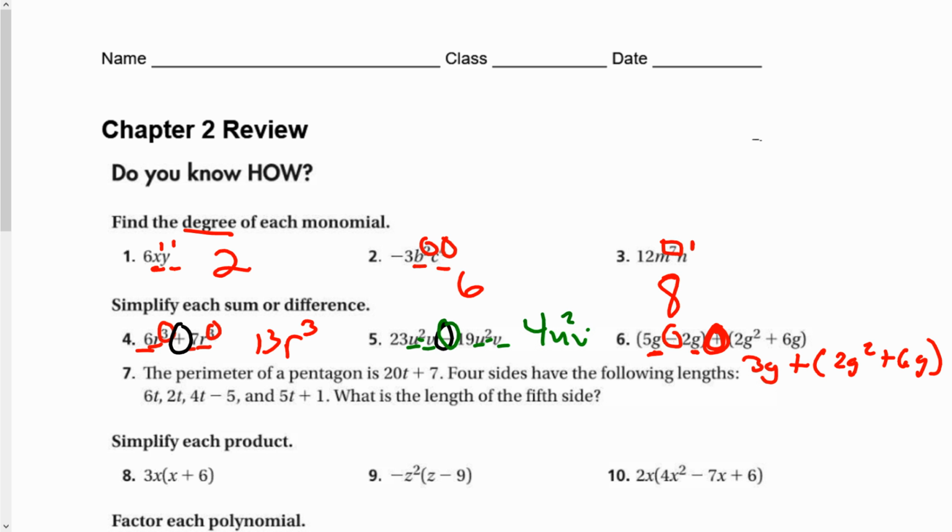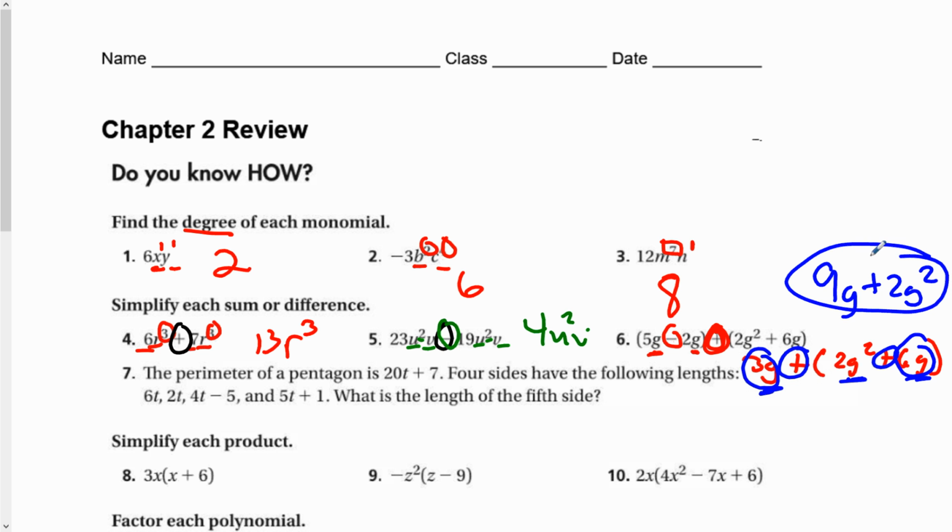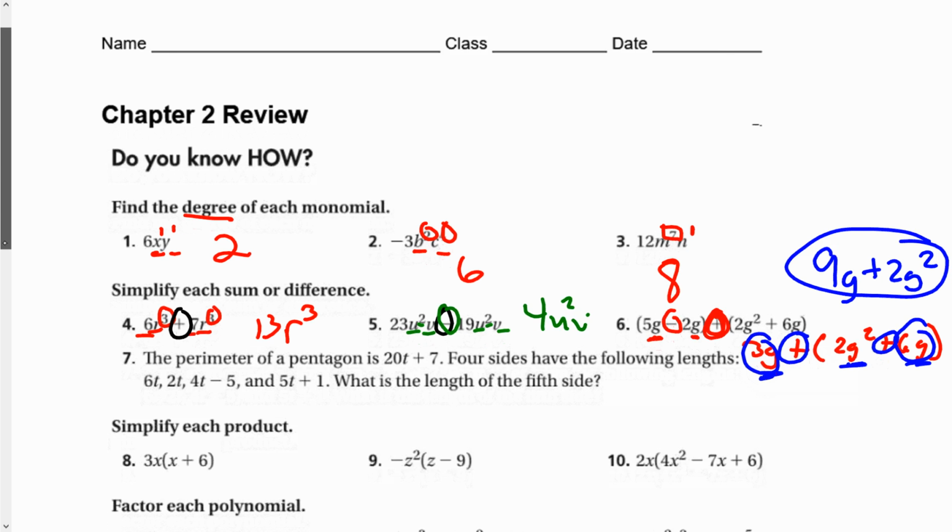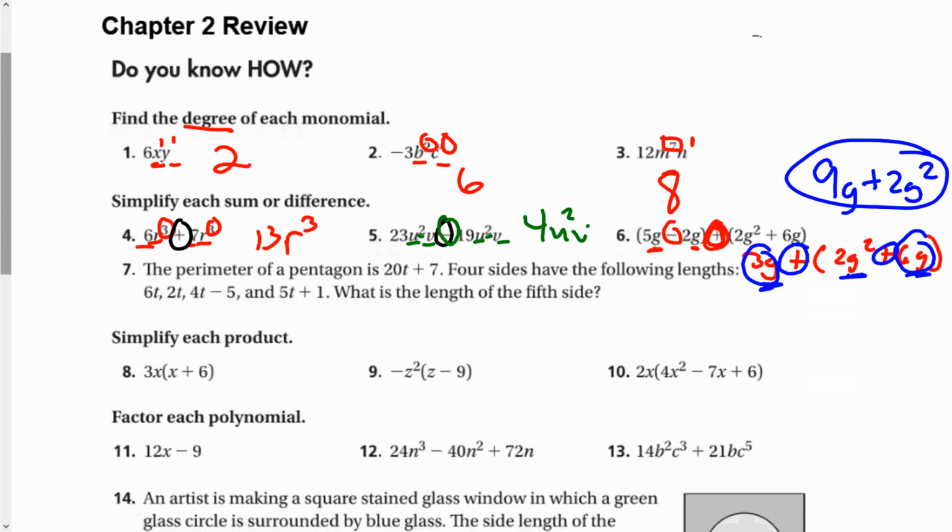Once again, I'm adding in here, but I can't add these two because that's a G squared and that's a G. But this one has a G, so I can add this one and this one. 3G plus 6G is 9G, and then plus 2G squared. There's my final answer for number 6.